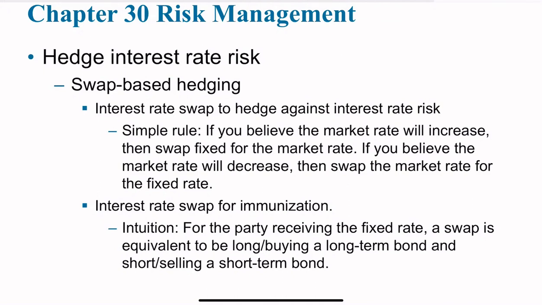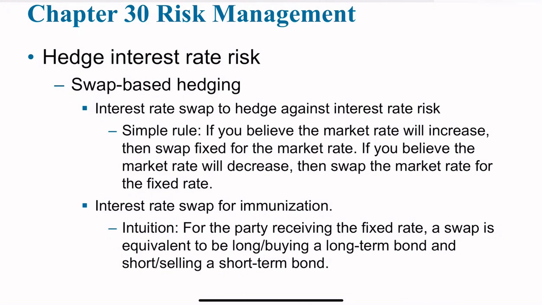So the intuition here is, if you enter into this interest rate swap, then let's say if you're receiving the fixed rate, then this swap is equivalent to buying a long-term bond and selling a short-term bond. The reason is, if you're receiving fixed rate, then it's like you're buying a long-term bond, right?